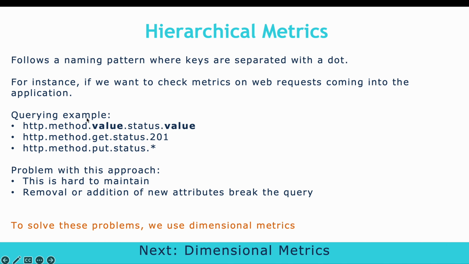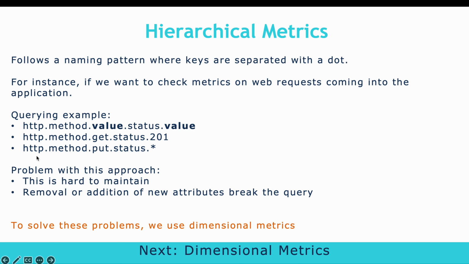But you can already see that this approach has some problems. First, it's hard to maintain. I mean, it's not flexible. If you have to say http.method.get.status.201, you see you have to follow a strict order to achieve the query, the business information you want to derive.